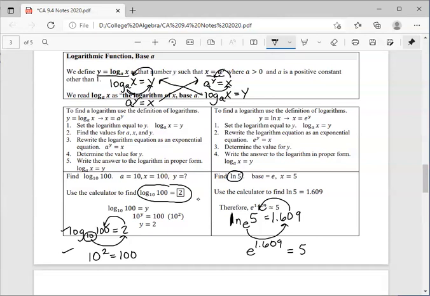If you see a problem that just says log of, let's just do log of 25, and there's no number right here, a lot of times you'll see a number already there, but if there's no number right there, the number is automatically a 10. That's just the normal logarithm, it would always be a 10.